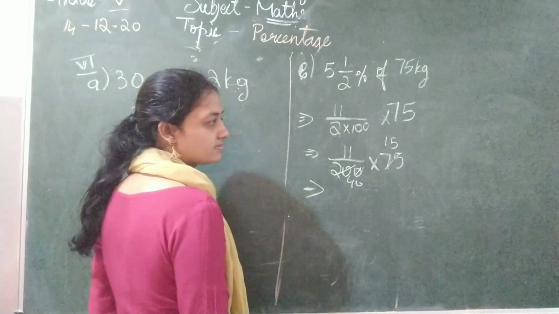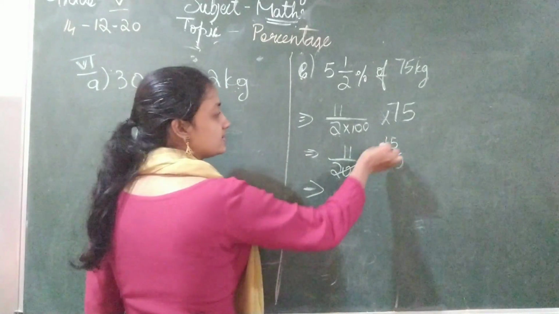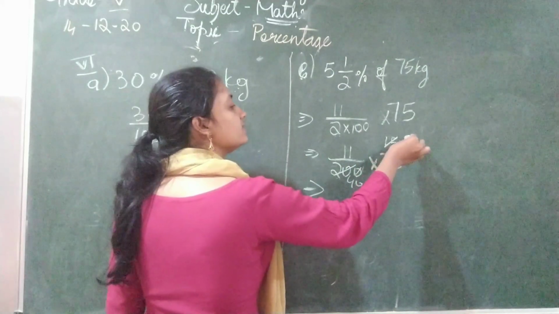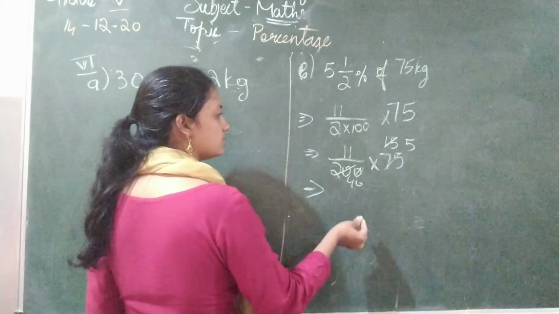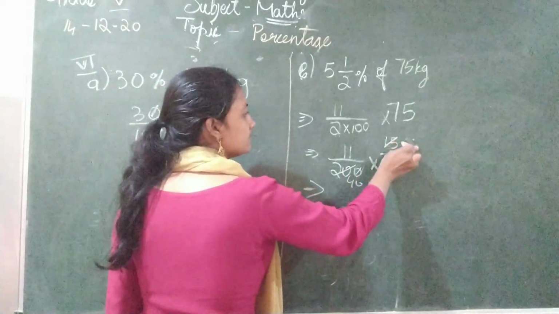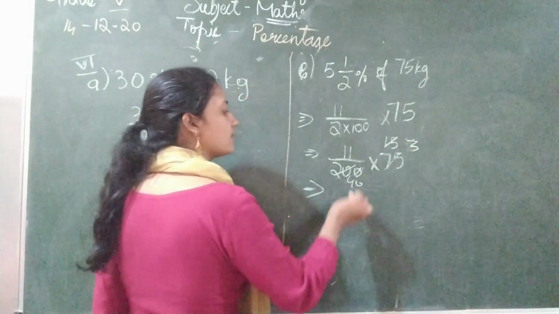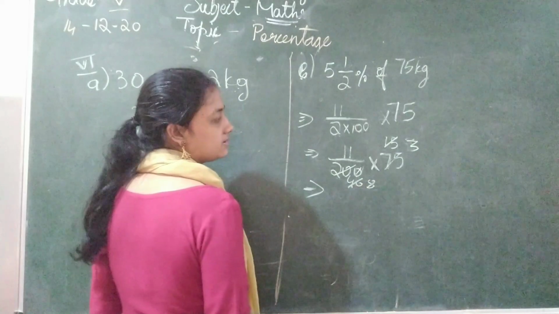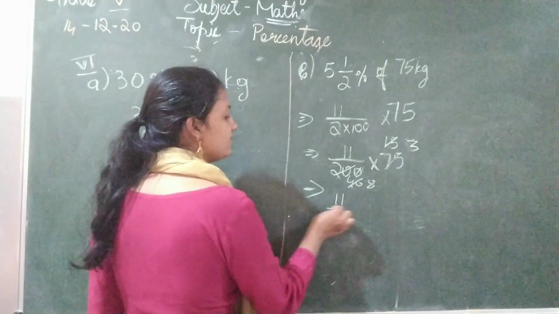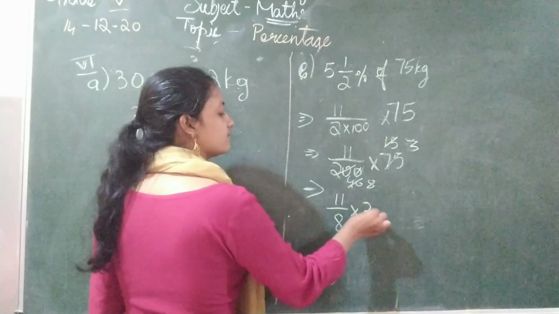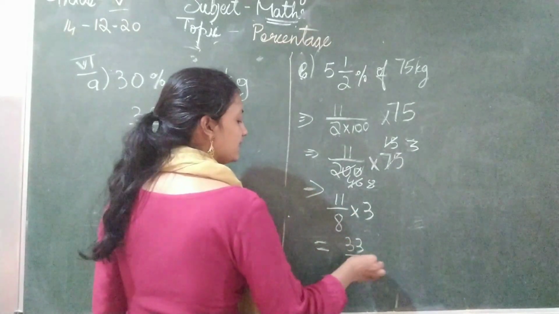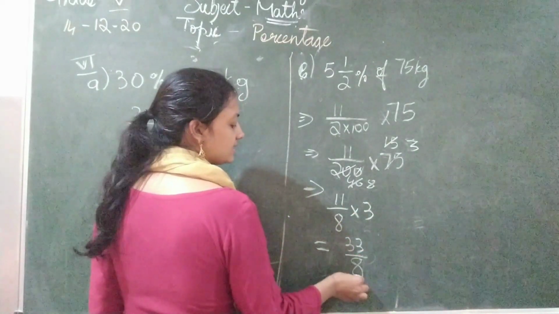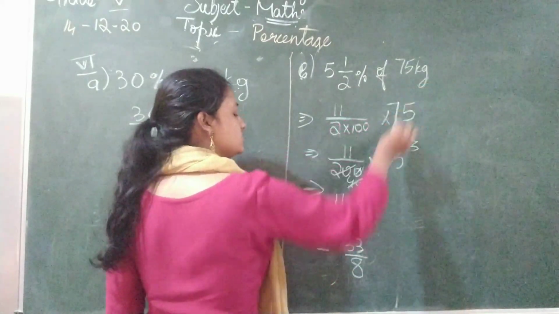Again I can divide this further. 5 3s are 15, 5 8s are 40. So what is the answer I have? 11 into 3 is 33 by 8. This is the answer and I have kg, so I have to write kg at the end.